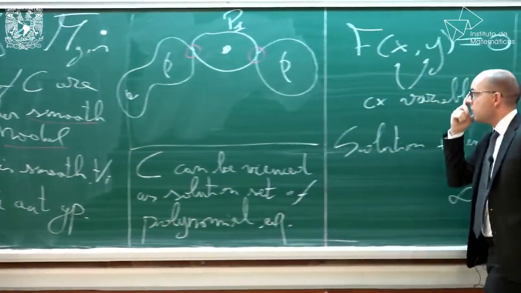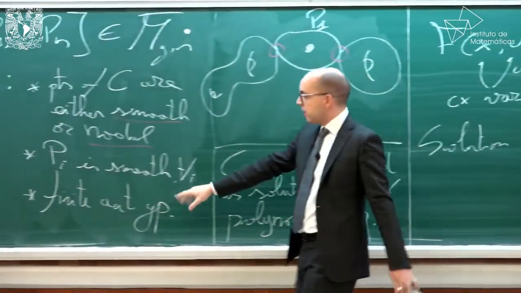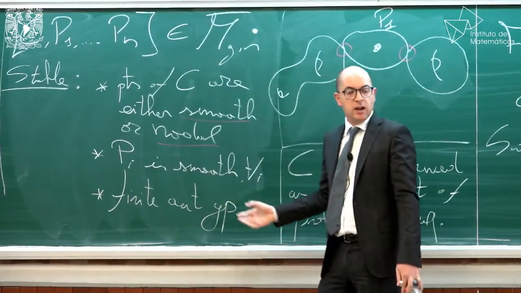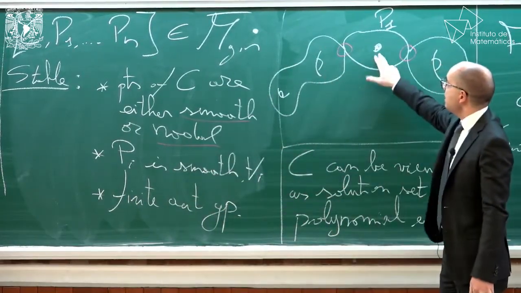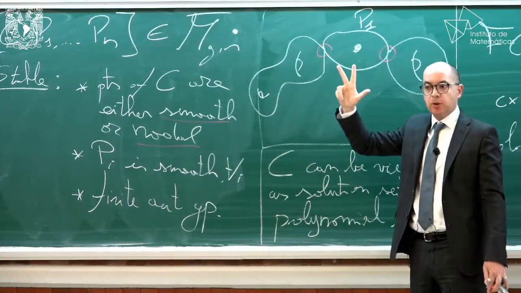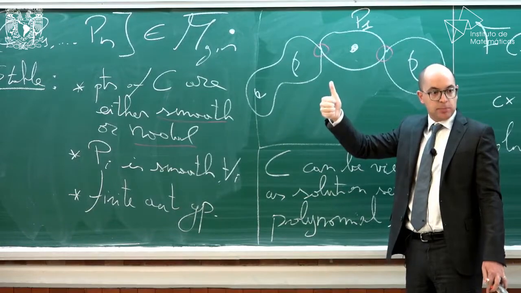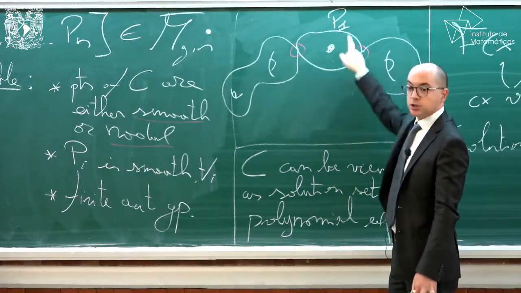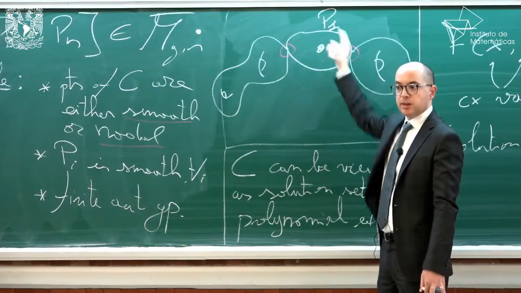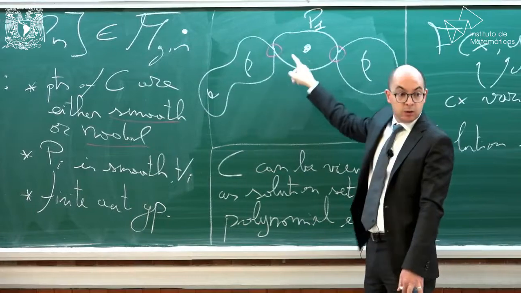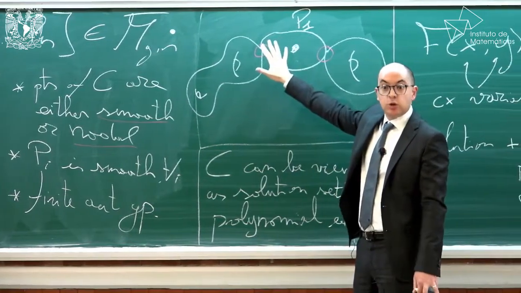I want to say a few words about this finite automorphism group. This is a combinatorial condition that is easy to check. Namely, every rational component should have at least 3 special points, that is, either nodal points or marked points. Like in this example, this is a rational component, a Riemann sphere. As you can see, there are 3 special points, 2 nodal points and 1 marked point. So there is a finite automorphism group here.